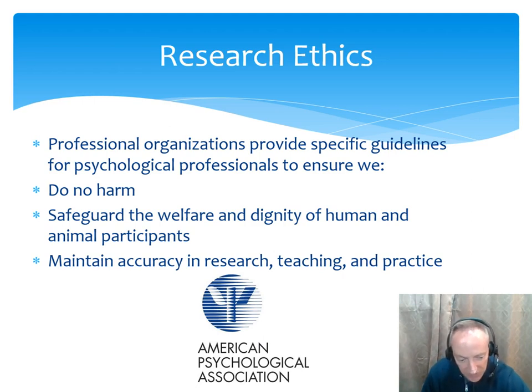We have professional organizations like the APA, the American Psychological Association, that was founded by William James, that you learned about in Chapter 1, that for the entire American history of psychology has put forth guidelines and monitored the ethics of people to ensure that what psychologists do we're doing for the best interests of everybody involved, that we're not harming our participants, we're doing our best to preserve the welfare and integrity of both animals and humans used in research, that we are not faking our results, that we're presenting things truthfully, that even if our results don't turn out the way we expected and we were wrong, we still say it didn't turn out as we expected and we're wrong.